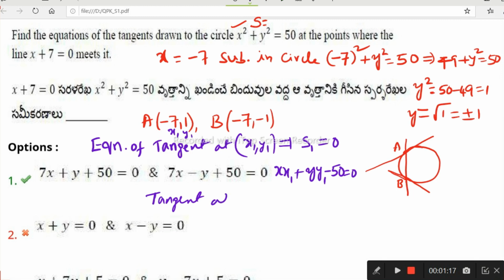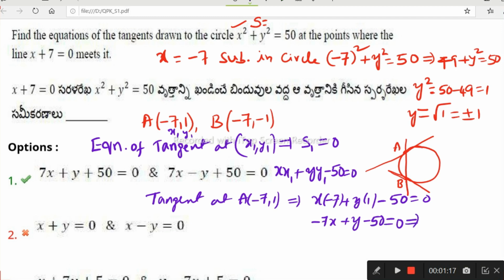Tangent at A, where we got (-7, 1). Substitute here in place of x1, y1, that is x into (-7) plus y into 1 minus 50 is equal to 0. From this we get -7x plus y minus 50 is equal to 0.